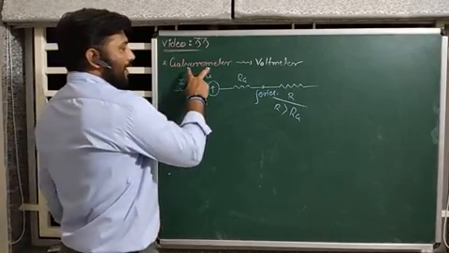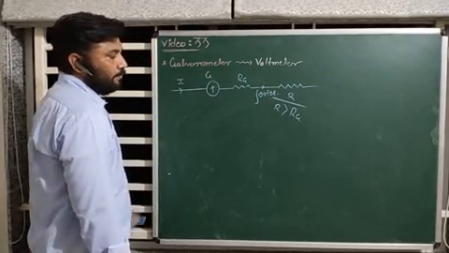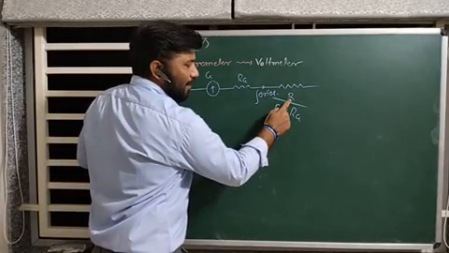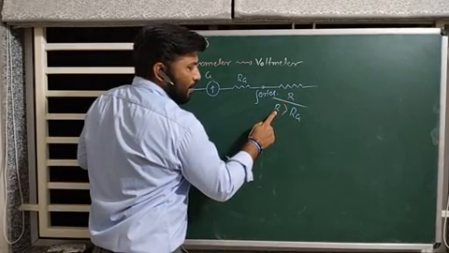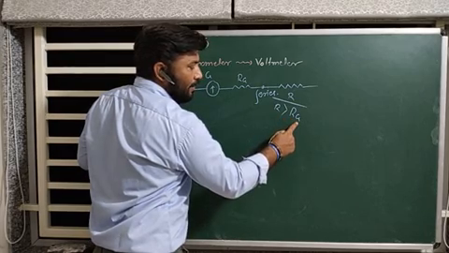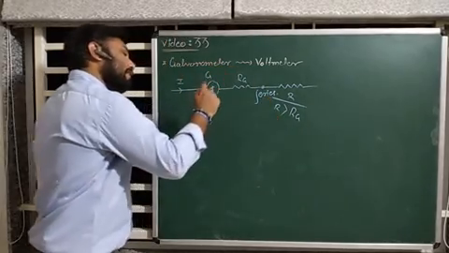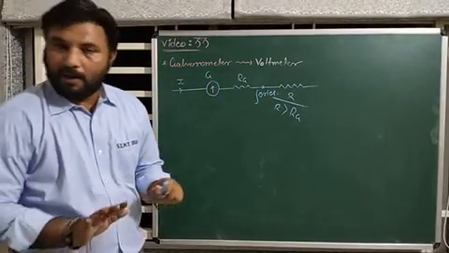To convert a galvanometer into a voltmeter, a resistance R whose value is more than the resistance of the galvanometer is connected in series with the galvanometer. Clear?